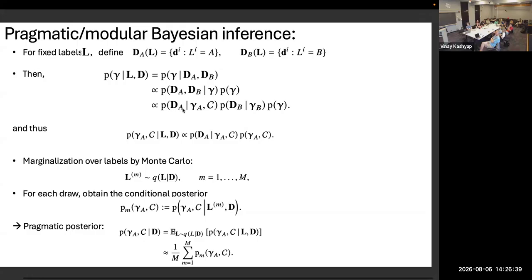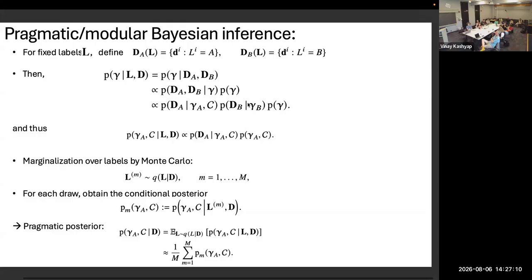But DA, the data for type 1A only, is only conditioned on gamma A and C and is conditionally independent of the parameters gamma B. And now the important part is that we can assume, as we've seen earlier, or actually impose on the model that the likelihood for B, for the contamination model, is constant as a function of cosmology, which is rather realistic as we've seen earlier, it's very widely scattered, plus we don't have a model.